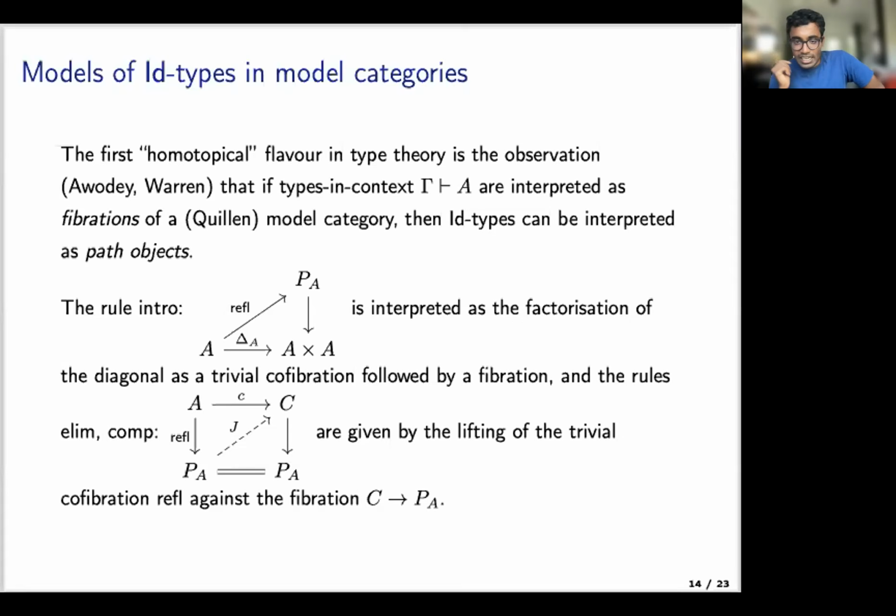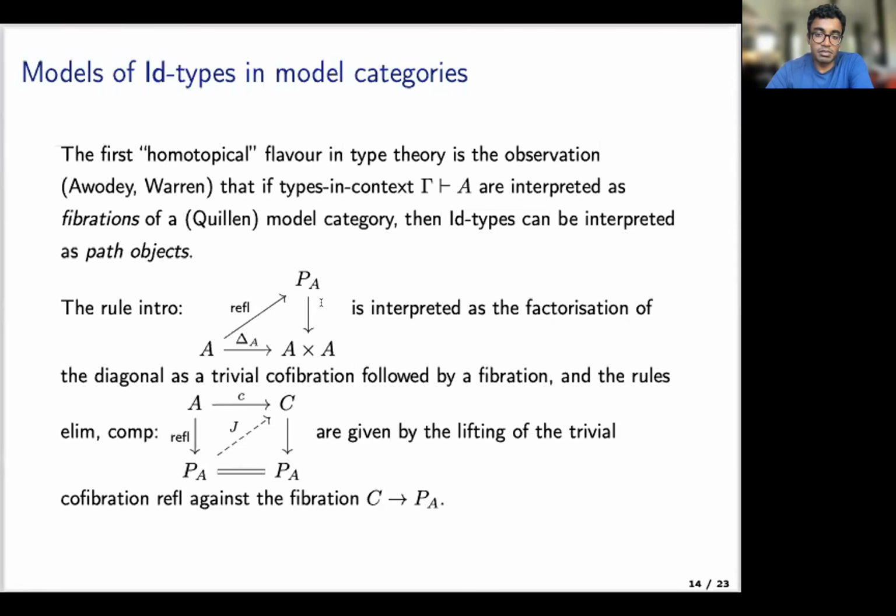So identity types in a Quillen model category can be interpreted as path objects as long as types and contexts are interpreted as fibrations. The introduction rule, in that case, this triangle, then truly becomes the factorization of this map in the model category as a trivial cofibration followed by a fibration.